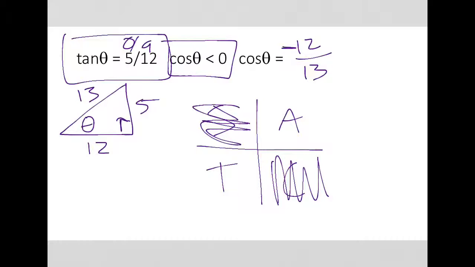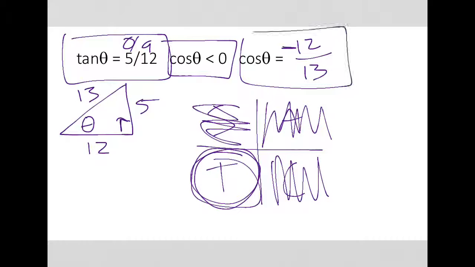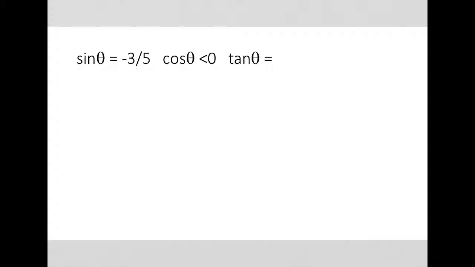It has to be either A for all or T for tangent. But we also know that cosine is negative, so we can't be in that quadrant because cosine is positive. So we have to be down here where tangent is positive, which means cosine is negative. Okay, let's look at another one.